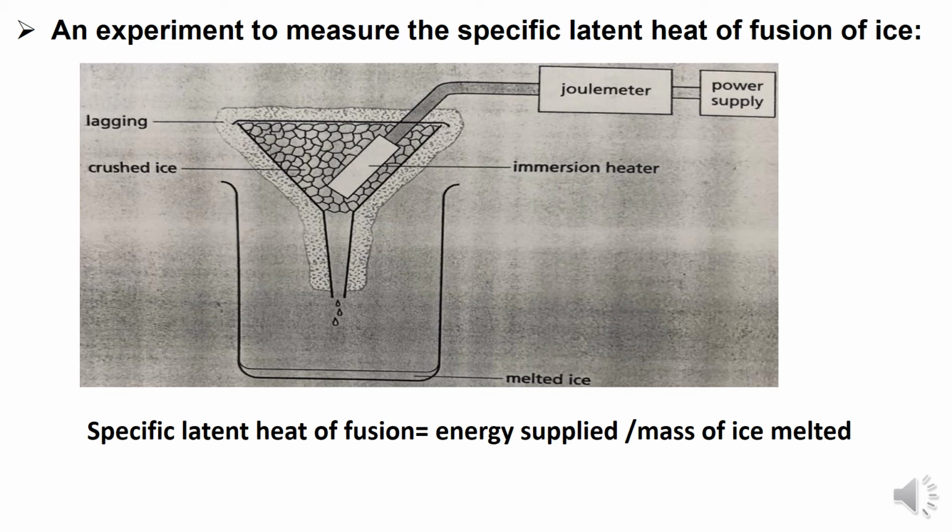Use these results to calculate the specific latent heat of fusion. Substitute these values in the equation: specific latent heat of fusion equals energy supplied divided by mass of ice melted. The energy value you will get from the joule meter reading.